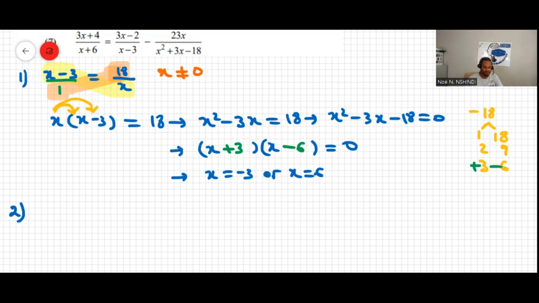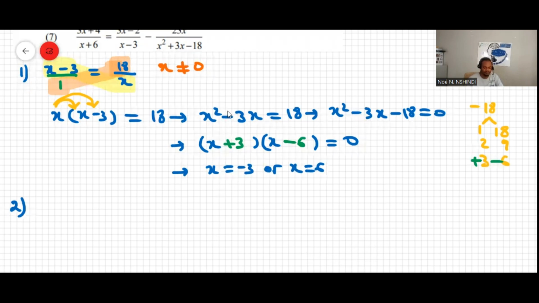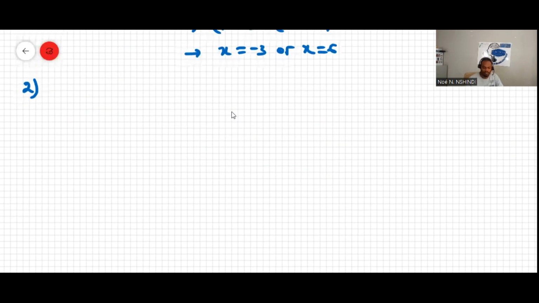Question 2. Over here, we have x minus 2 over x minus 1, minus 5 over x plus 2, equal to 7 over x minus 1.